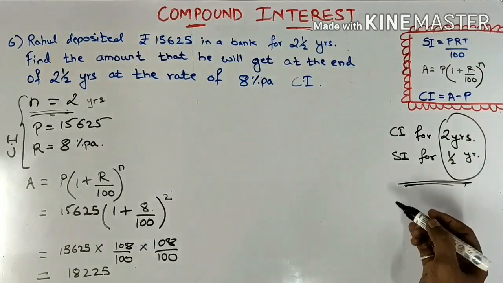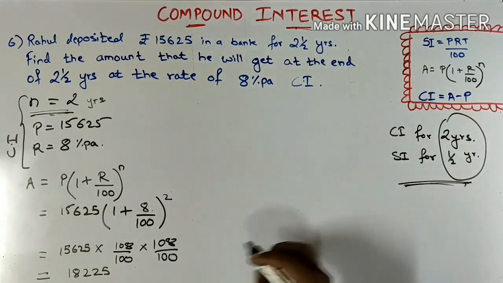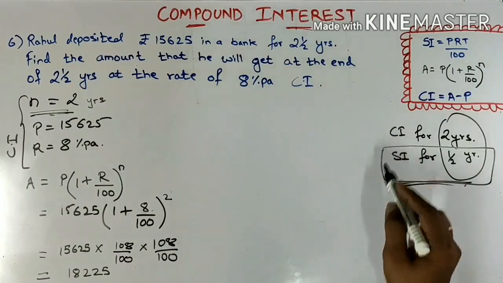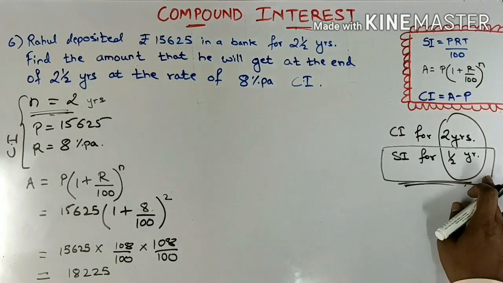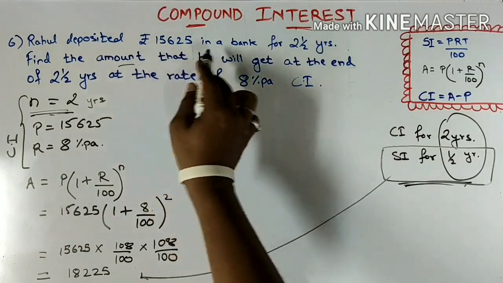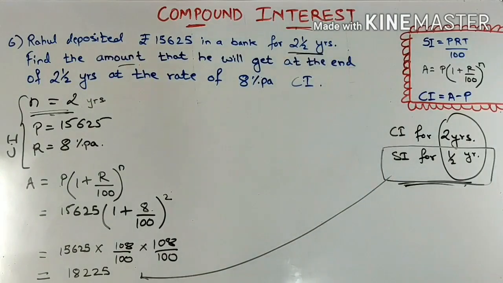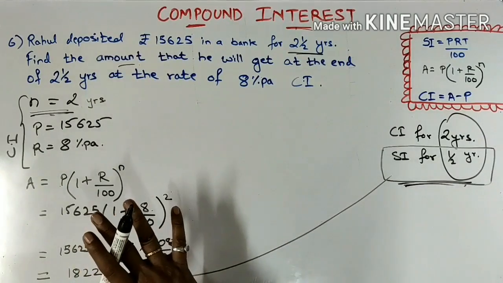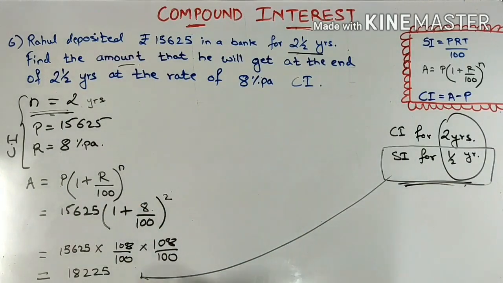Now I can also add the simple interest for the second part, that is half year, to this amount, and that will give me the total amount at the end of 2.5 years. So rather than finding compound interest for 2 years, I wait over here with the amount that I have at the end of 2 years.